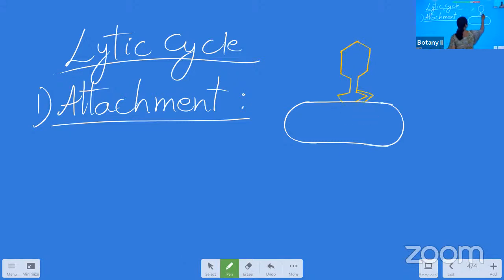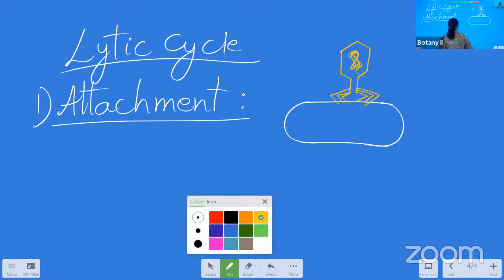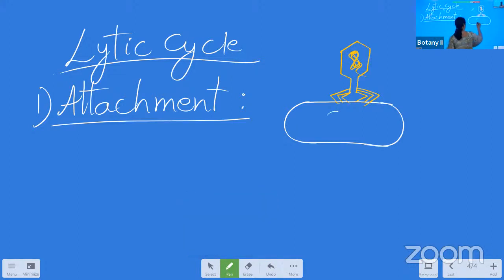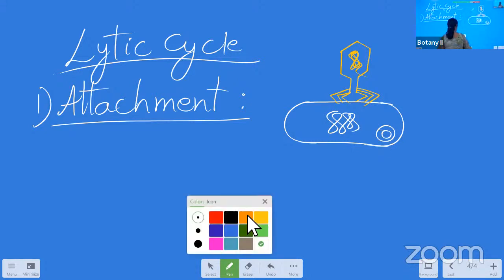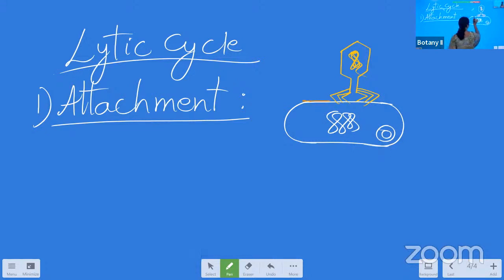How? First of all, it attaches to the bacteria like this. And this bacteria has a mucilaginous sheath externally.